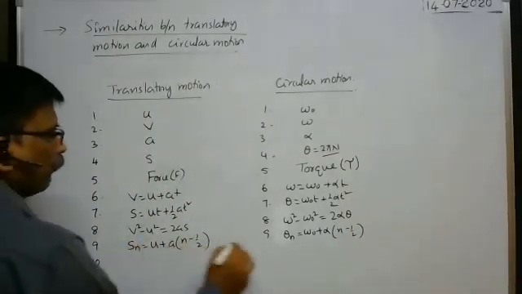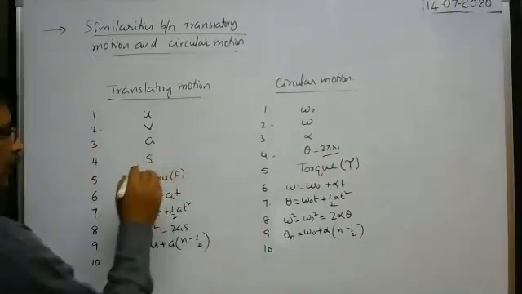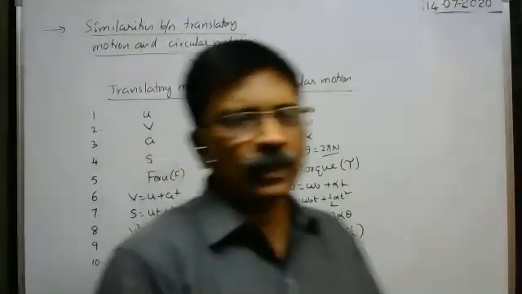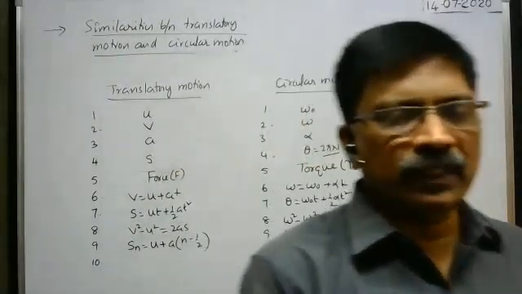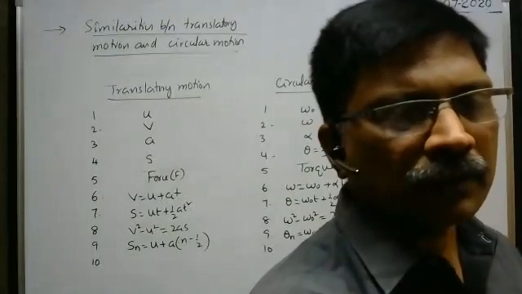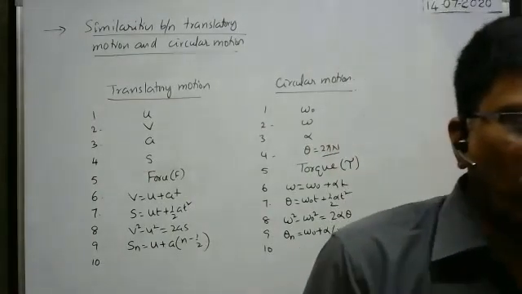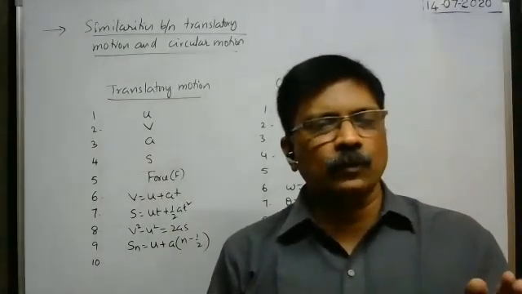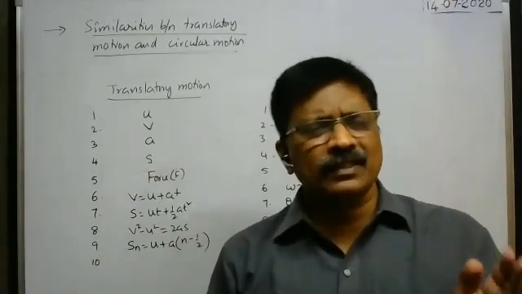Next, when the body travels with uniform acceleration, what is the formula for average velocity? A body starts motion with initial velocity u and uniform acceleration a.